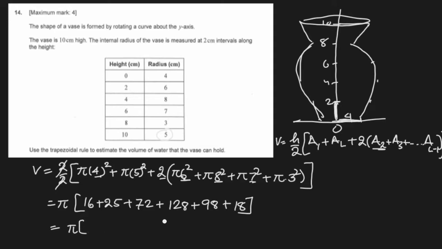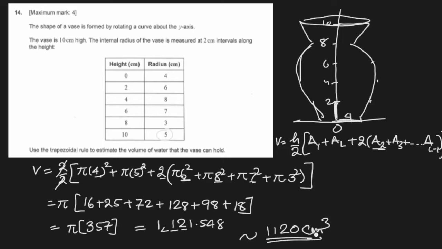So pi, and if we add this, it'll be how much? 41, 113, 241, 339 plus 18, 357. Pi is the answer, and we can express this in decimal as 1121.548. That will round to three significant figures, 1120. And have they given units? Yes, centimeter cube. This is the volume of this particular vase.